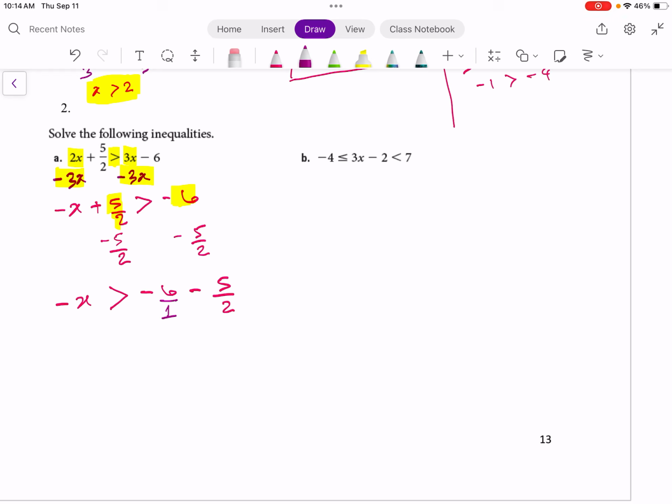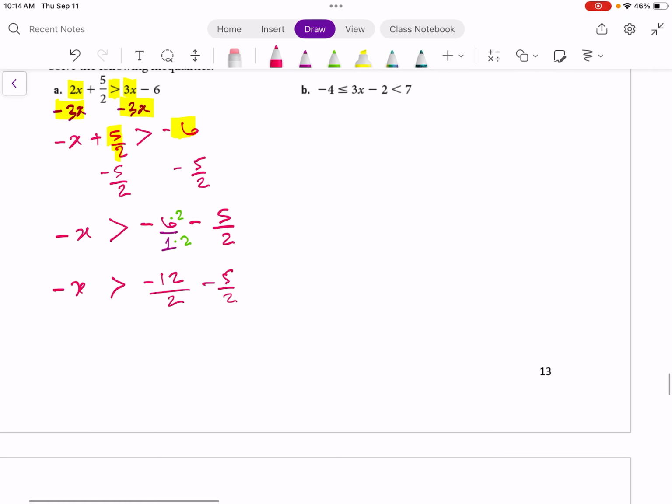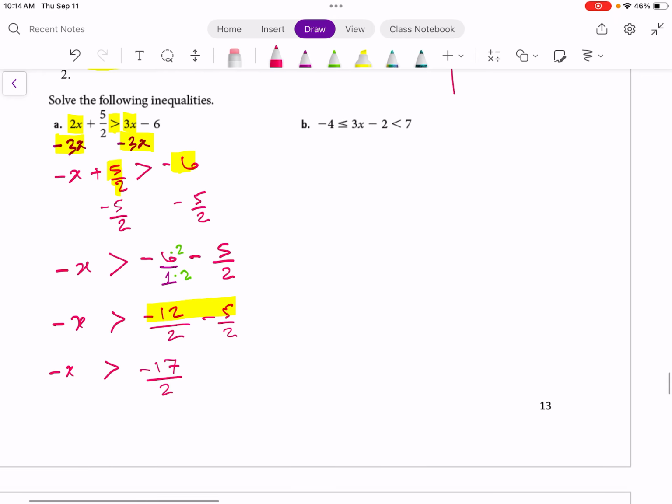So let's make 2 the denominator for both, by multiplying by 2 in the numerator and denominator. Okay, so this is negative x greater than negative 12 divided by 2, negative 5 over 2. Now since we have a common denominator, we can simplify our numerator. Negative 12, negative 5, that is negative 17 divided by 2. Okay, any question up to here?